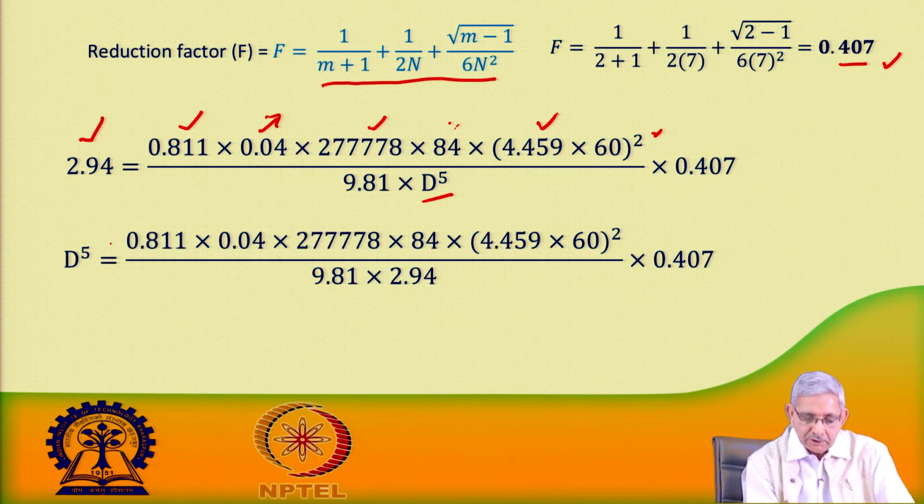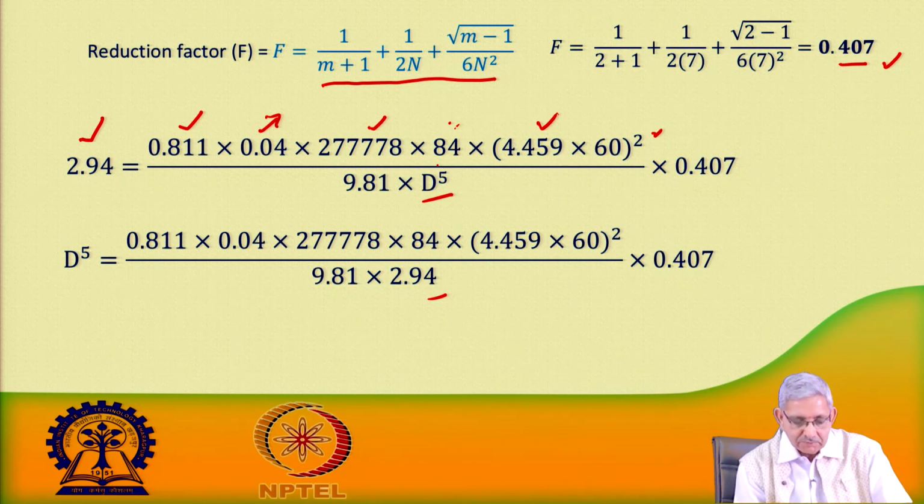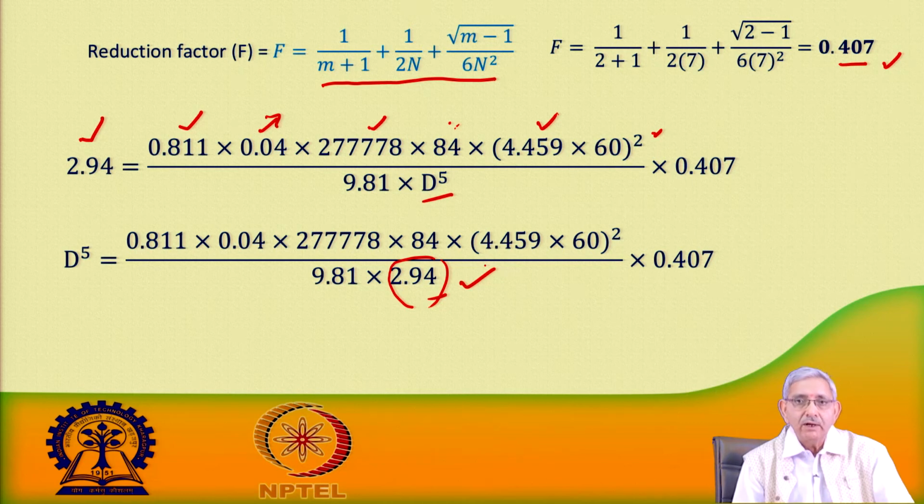We substitute the values, bring d to the power 5 to this side and bring 2.94. So this equation can be written in this form, and our aim is to find the appropriate diameter of the lateral pipeline to have a head loss due to friction of 2.94 meter, given these data.